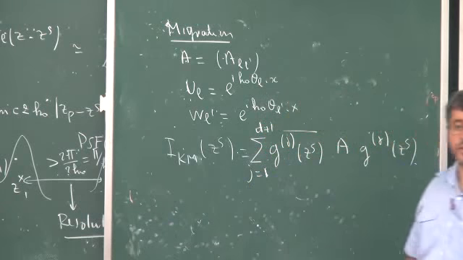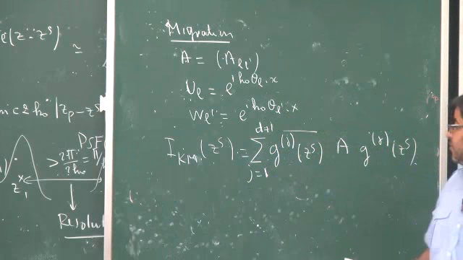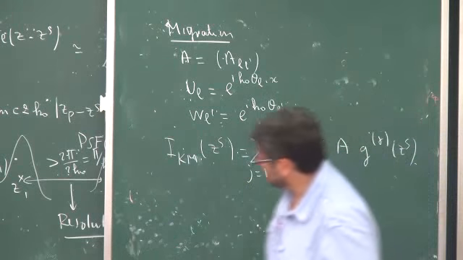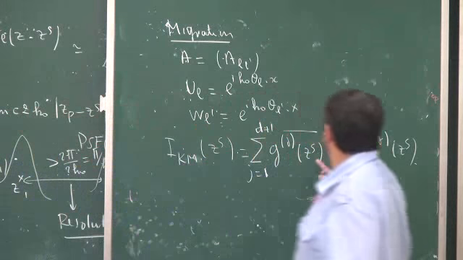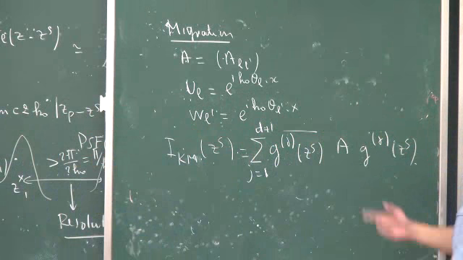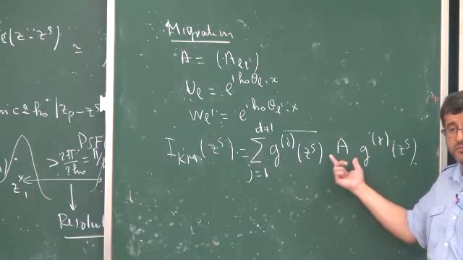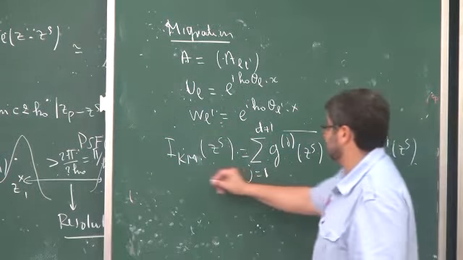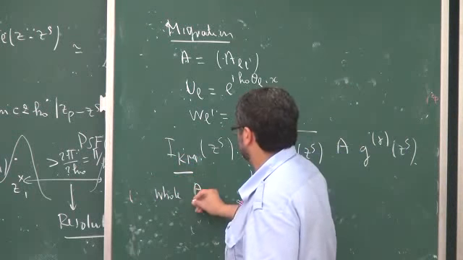If you don't know whether they are magnetic or electric, you have to use all of these functions. And you project them on A. If you use the whole matrix, this is Kirchhoff, because it uses the whole matrix.